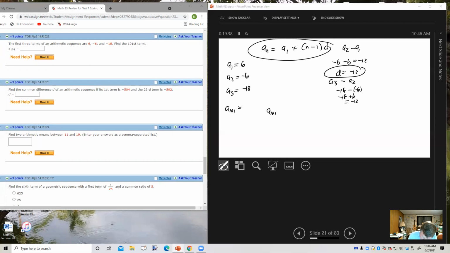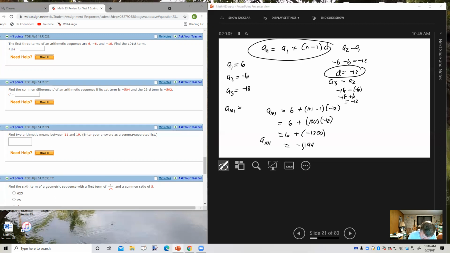A sub 101 equals a sub 1, which is 6, plus n, 101, minus 1 times D, which is negative 12. So this is equal to 6 plus 101 minus 1 would be 100 times negative 12, which is 6 plus negative 1200, which is negative 1194.